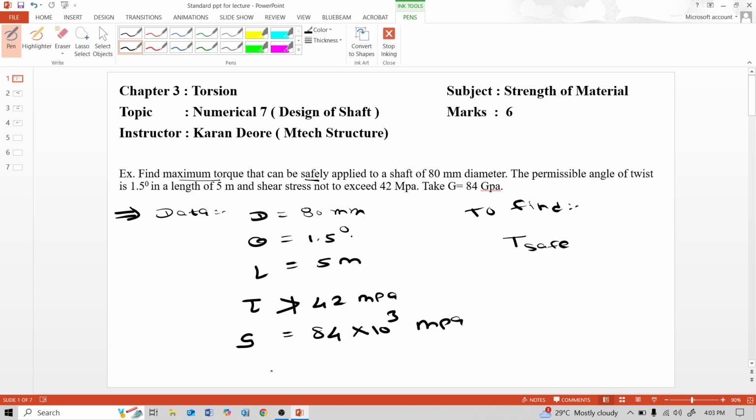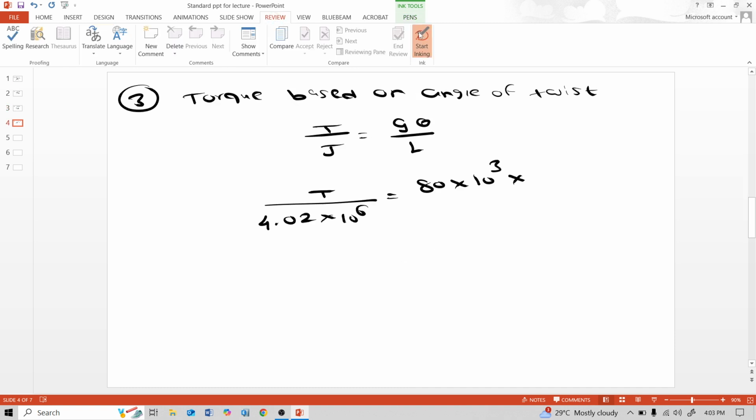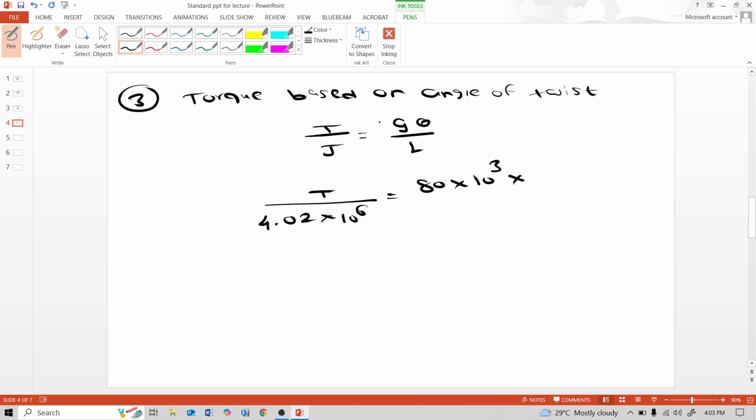This 1.5 degrees means 1.5 into pi by 180 radians. Always put the radian value in this equation.